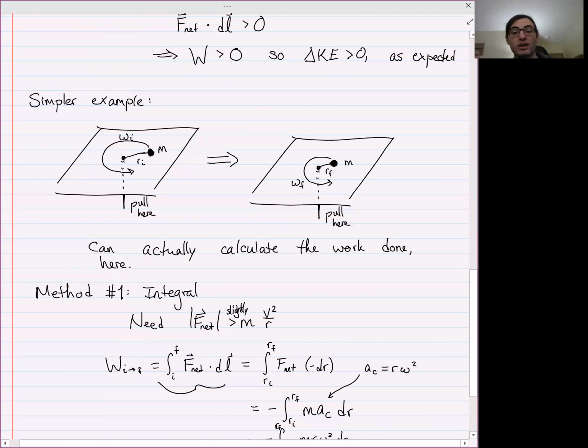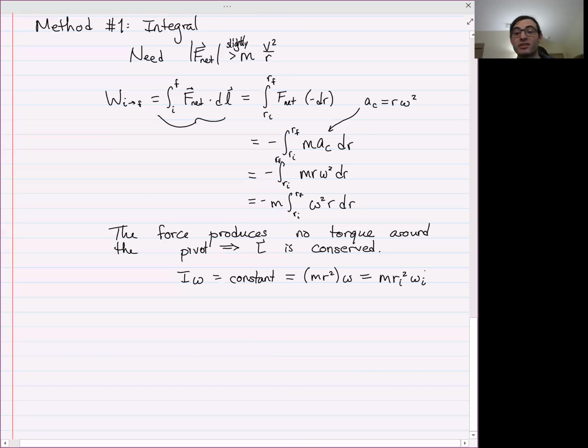The initial moment of inertia is m r_i squared, and the initial angular speed is omega_i. Because it's constant, we can write the angular momentum at any distance r in terms of the initial angular momentum. And so we can solve for omega as a function of r just by dividing through by this stuff. So we learn how omega varies with the radius. As the radius increases, omega decreases, and vice versa.